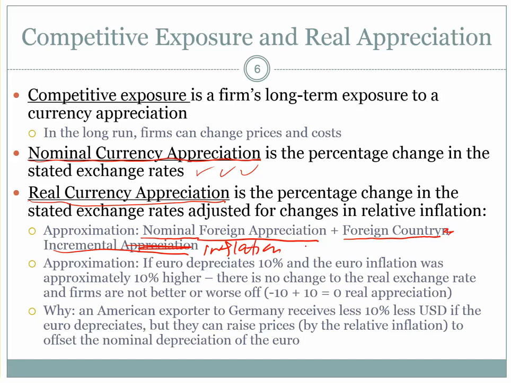So in our last example, the euro was down 10% in nominal terms, but they had roughly 10% higher inflation. So we say there's roughly no real change in the currency. Therefore, if we just change our prices, we have no exposure to the devaluing currency.